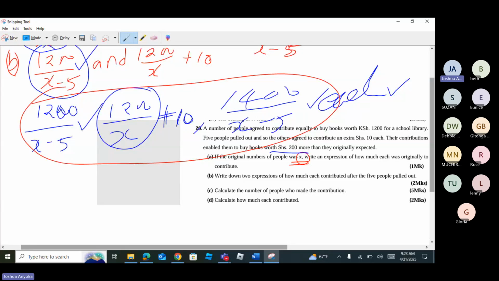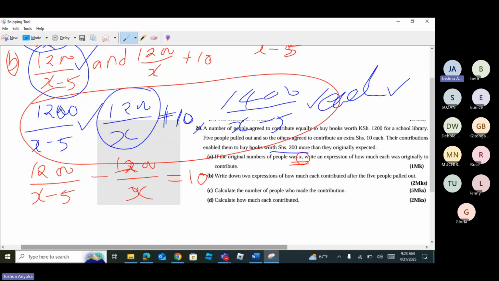It is the contribution after the members left. So which is 1200 over x minus 5 minus the original contribution for each, 1200 over x, should give us 10 shillings. That is the argument. Where is the 10 shillings coming from? It is the difference between the new contribution after 5 members left and the original.